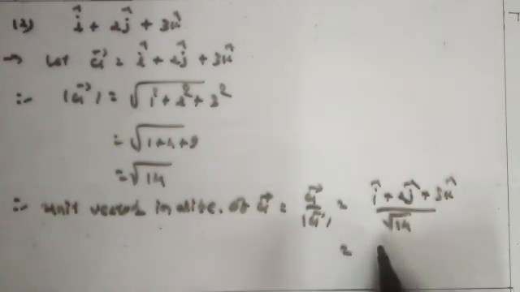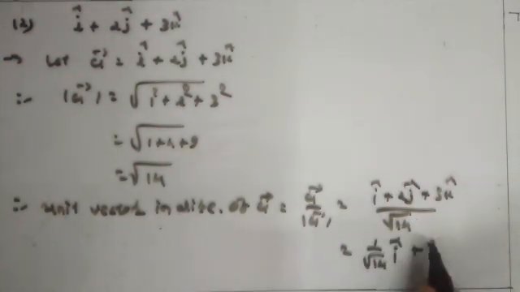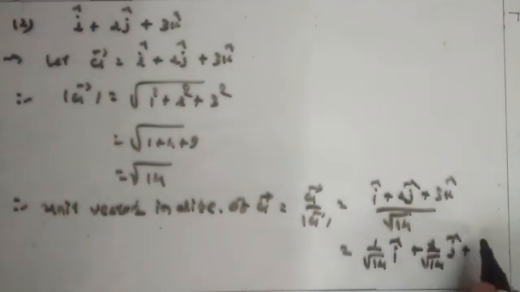So we get 1 upon root 14 i plus 2 upon root 14 j plus 3 upon root 14 k.